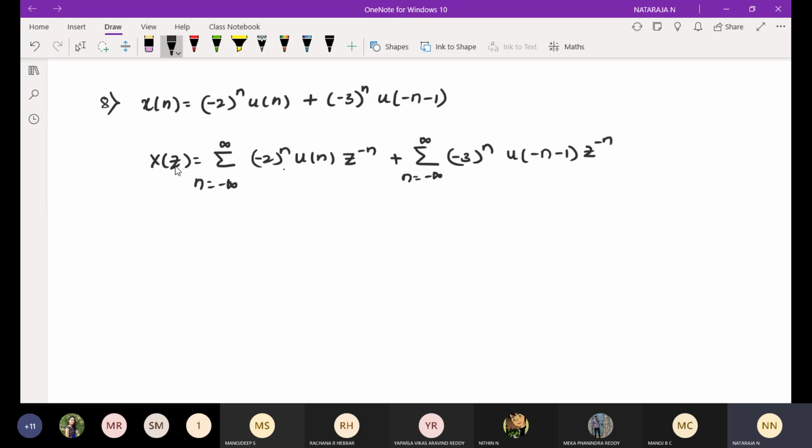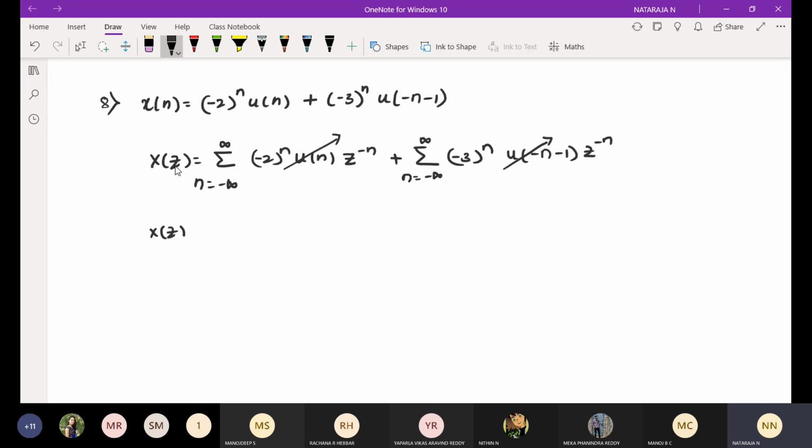We need to replace u of n as well as u of minus n minus 1 in order to write the limits for the given signal. We already know the limits of u of minus n minus 1 and u of n.